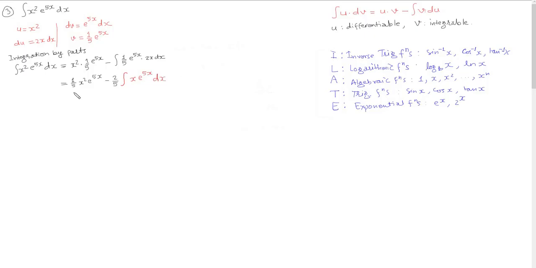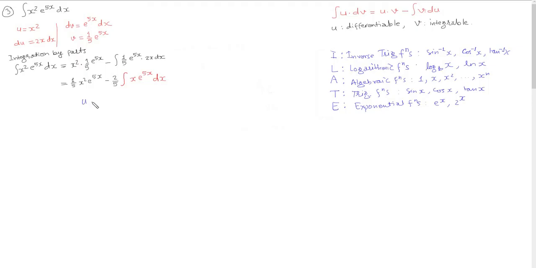Okay, we can see that the first term is already integrated properly, and now for the second term we get the integration of x e to the power 5x dx. Now we again need to use integration by parts for this integral. So x is an algebraic function and e to the power 5x is an exponential function.